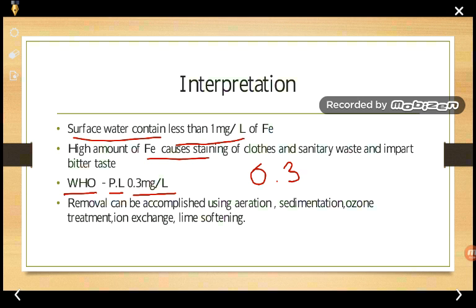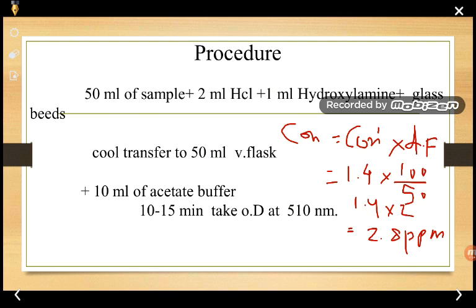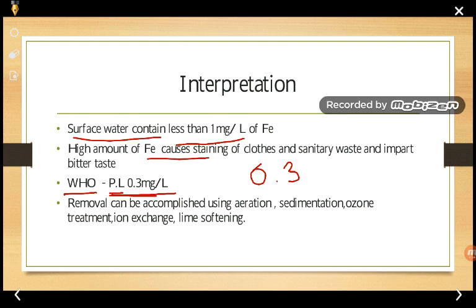So what is the calculated value we got? That is 2.8 ppm. So we know that 2.8 ppm is beyond the permissible limits. So we can say that our sample contains ion in more than the permissible limit.